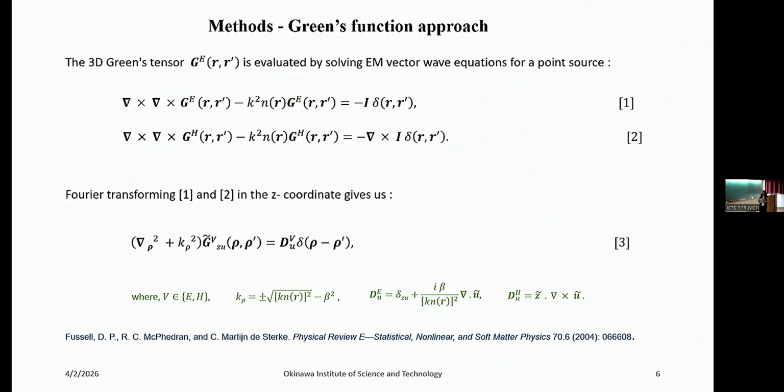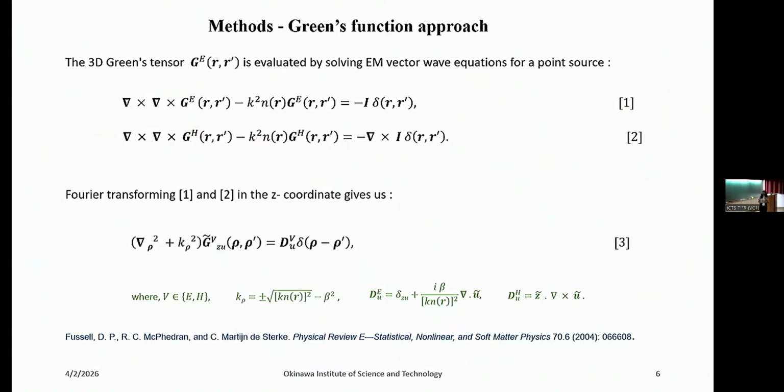We start with the electromagnetic wave equations for a point source, which give us the electric and magnetic Green's functions. It basically tells us how the electromagnetic field at a point r propagates to the point r dash in space.